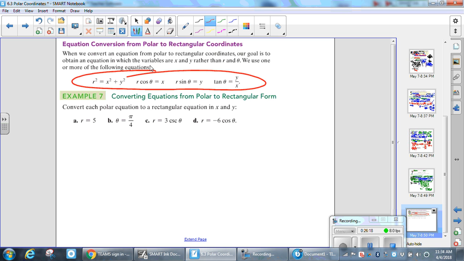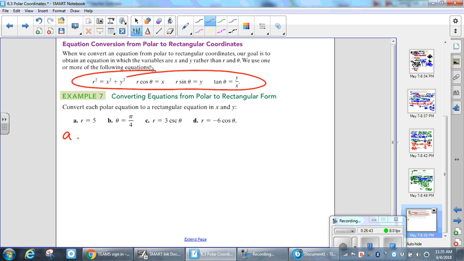So what can we do with the first one? It's just r equals 5. Think about it: what would it look like if you don't care what the angle is, but you just care about all the points that have a radius of 5? It's a circle. Yeah, it's going to look like a circle.